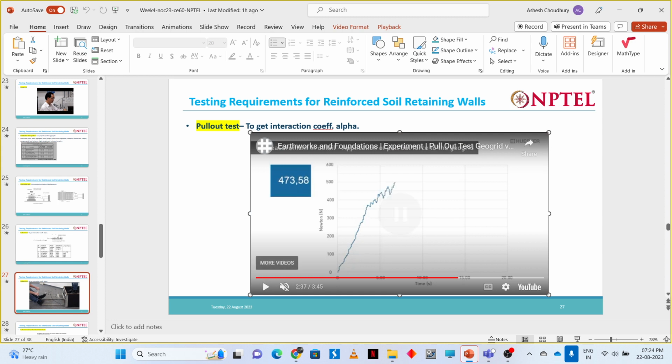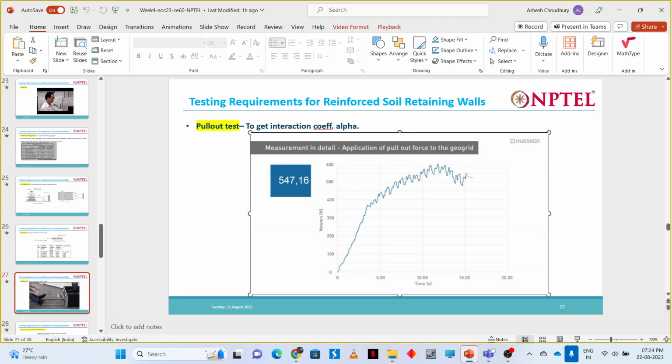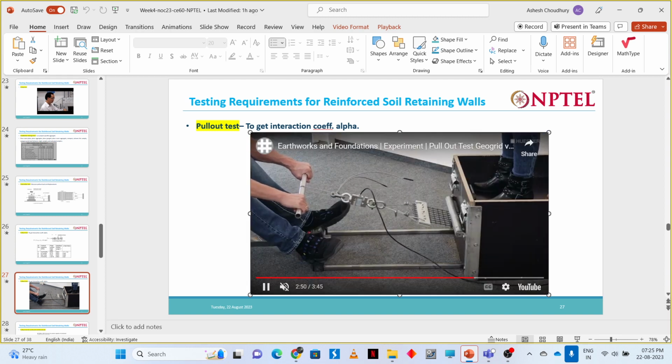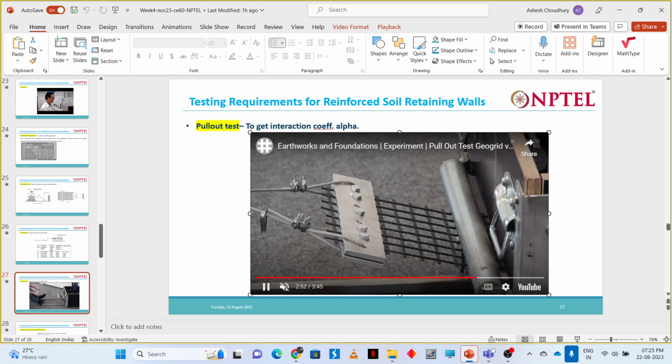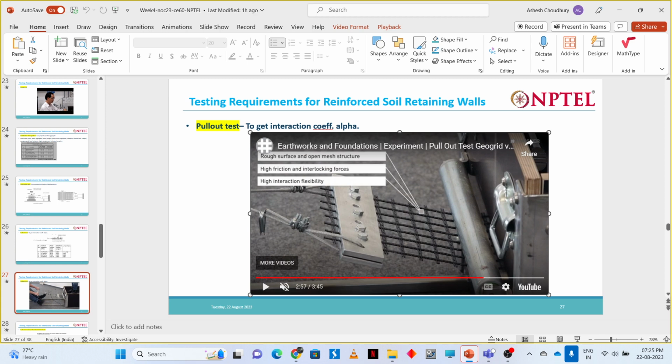So we keep on pulling it. It reaches a very high peak, but still it does not fail. They are unable to pull with that much strength. But still the geogrid doesn't fail. This is how this pull-out test is done. Obviously this geogrid will have high pull-out resistance because of the apertures.